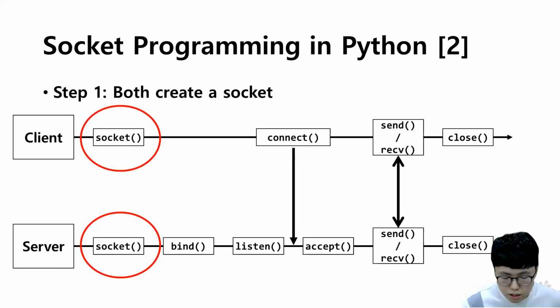I will briefly explain the socket programming process. First, the socket function: we must declare the socket. And then the bind function gives IP address, port number, and protocol to the socket.